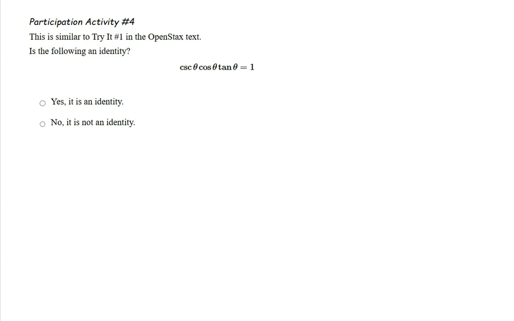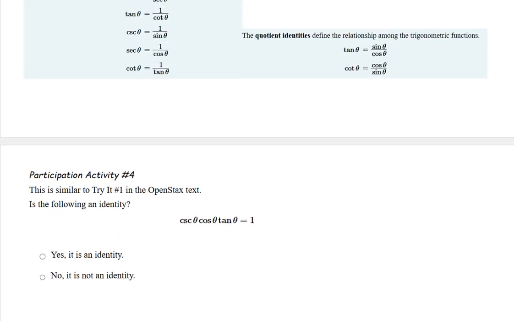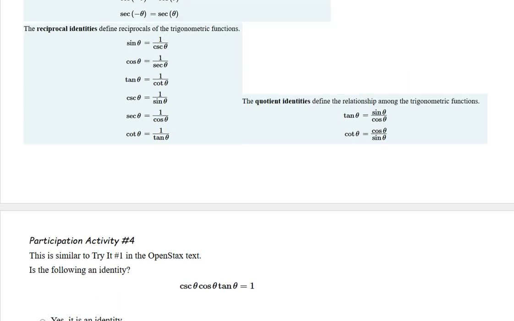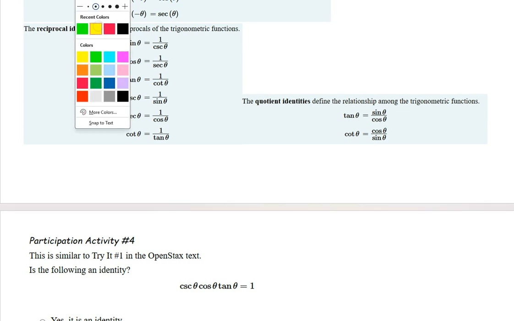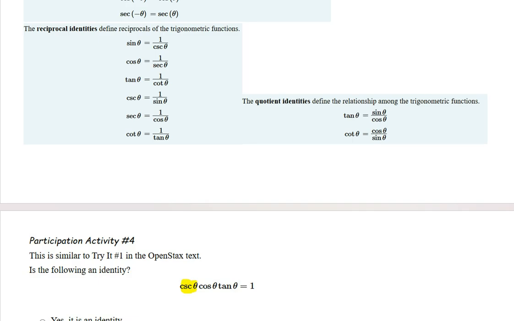And so when I look at these things, I've got cosecant, cosine, and tangent. And if I come back up here, what do I know? I know that cosecant of theta right here is the same thing as 1 over sine.